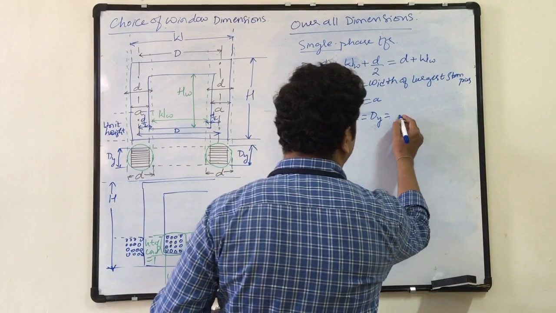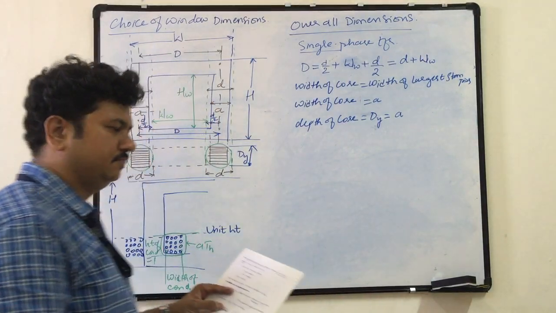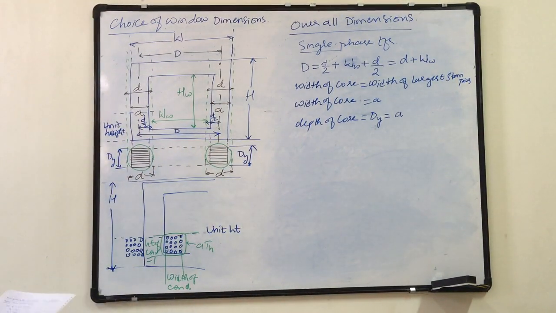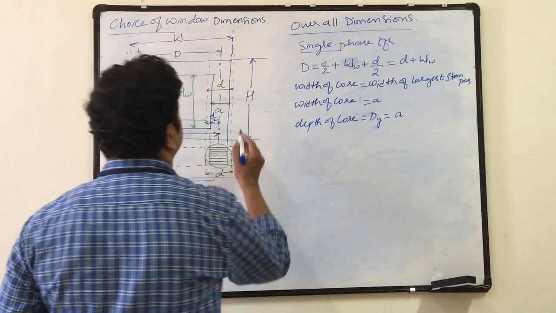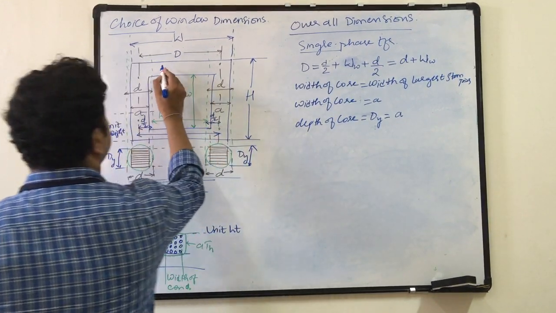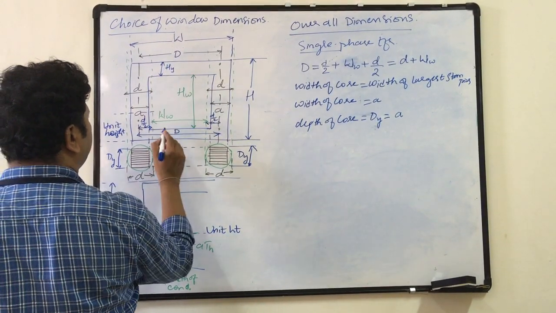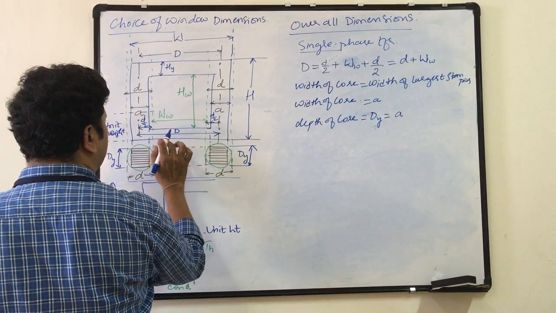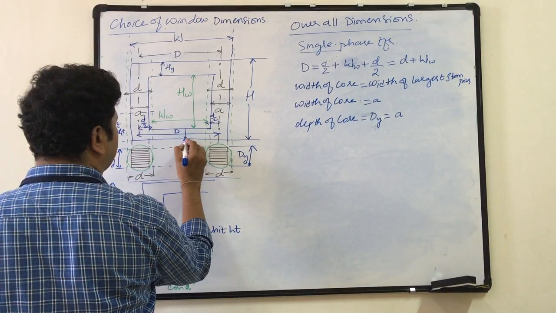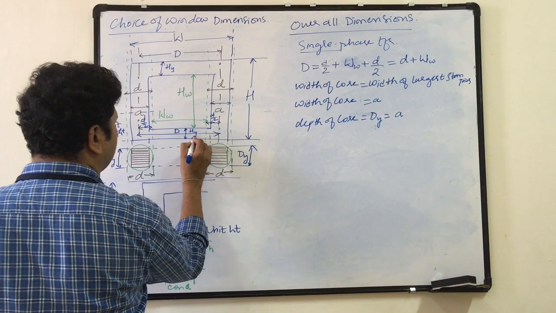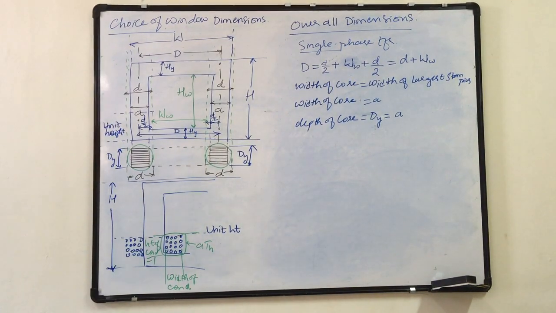So dy is also equal to A. Then overall height. Now this is height of yoke at the top and height of yoke at the bottom. There are two yokes, one at top, one at bottom.